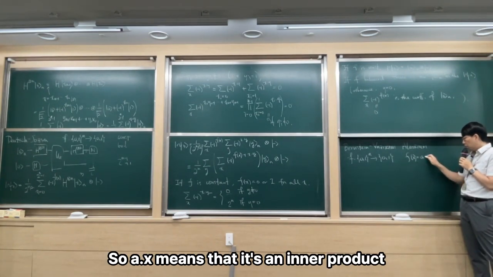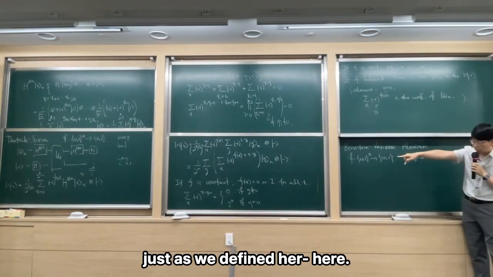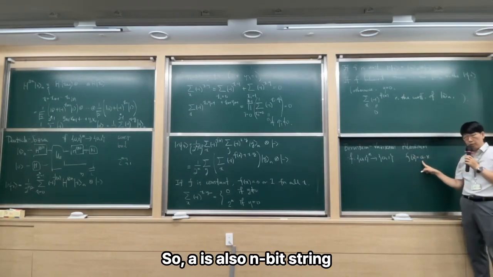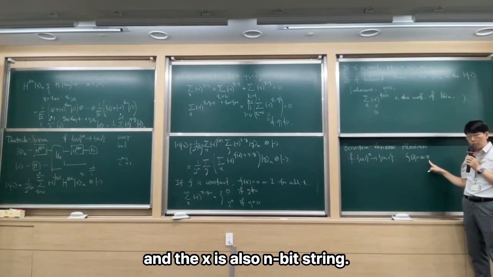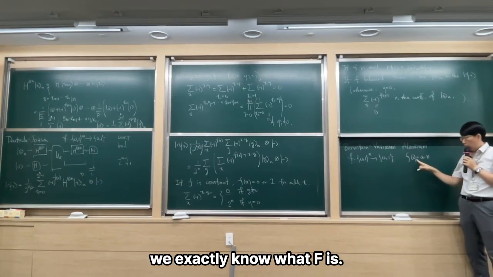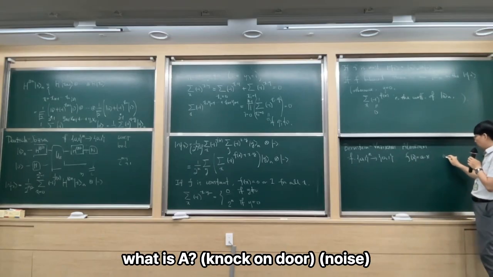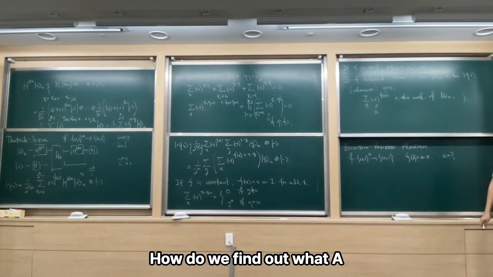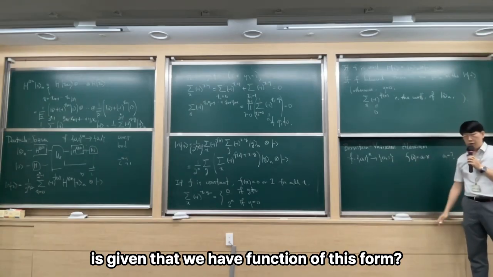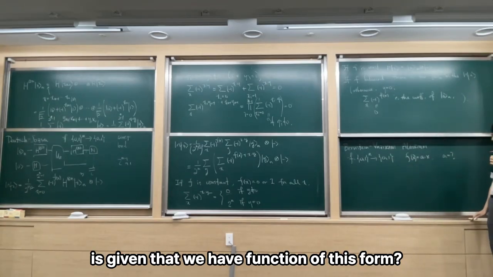A dot x means an inner product, just as we defined here. So a is also an n-bit string, and x is also an n-bit string. As far as we know what a is, we exactly know what f is. So the problem is, what is a? How do we find out what a is, given that we have a function of this form?